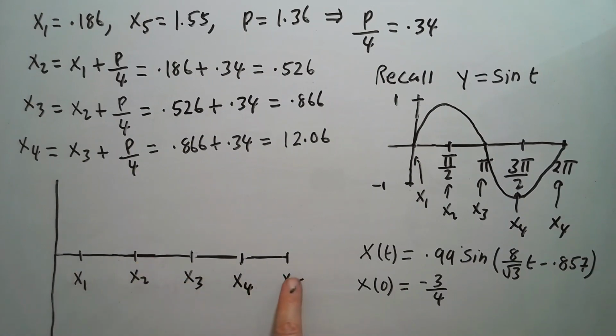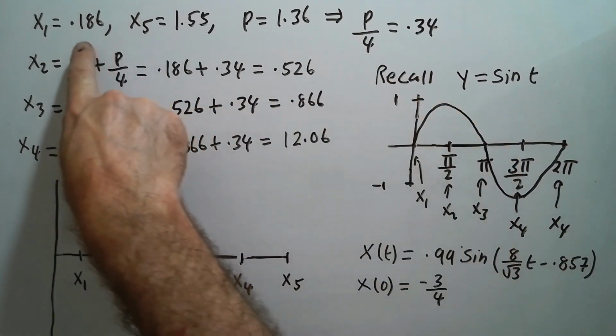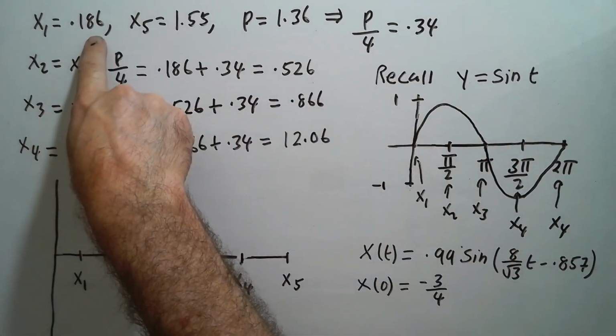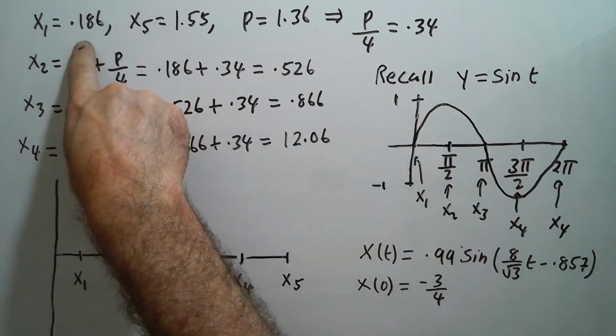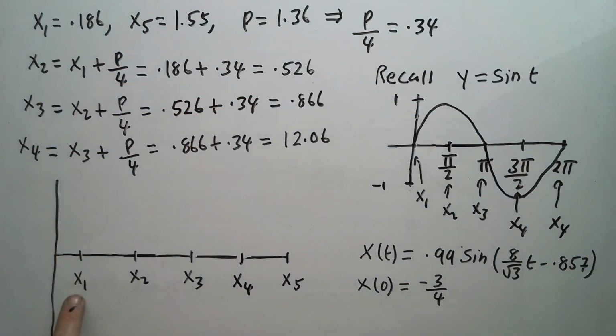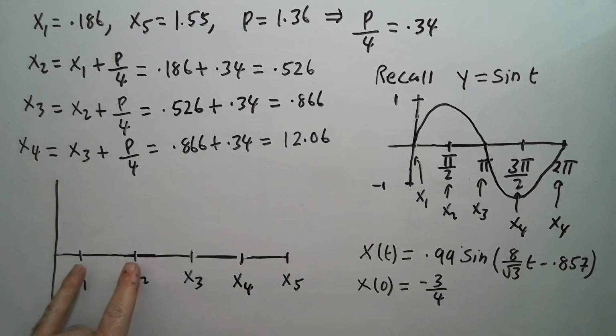All the spacing should be the same, 0.34. And notice that x1 is 0.186. So if I halve that, it's almost like this one. So therefore, x1 should be fairly close to the y-axis. So pretty much that's 0.34, that distance. So half of that is going to be roughly 0.186. That's what I put here. So my y-axis should go here.